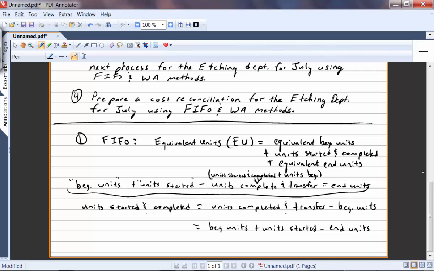That's what units completed and transferred equals. And then when we subtract the beginning units from that, you see that beginning units right here cancels with beginning units right here, so that we just have units started minus ending units. And that makes sense. So the units started and completed are equal to the units started minus the ending units.